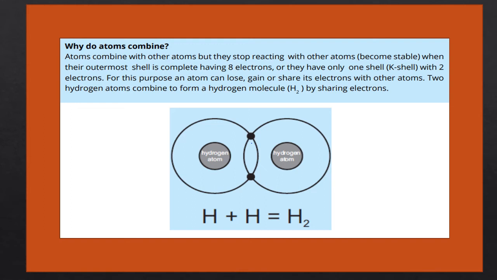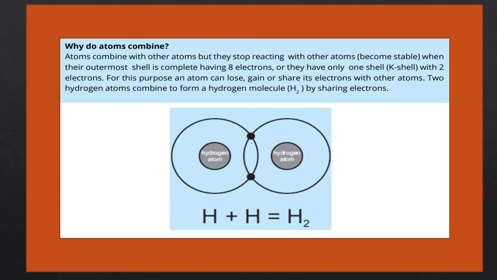An element with 8 electrons in its outermost shell becomes a stable element. So all atoms try to get the stable state by reacting with each other. For this purpose, atoms gain or lose electrons, or they can share electrons to get the stable state. That is why atoms combine with each other.